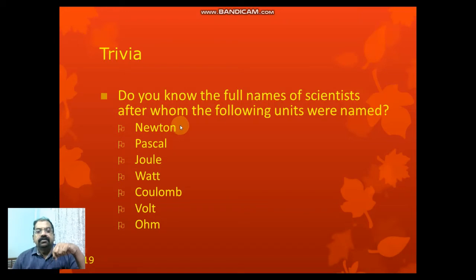Try to write the names of the scientists, because these scientists have given the world their famous inventions and discoveries, and because of that we have given their names as the units. So it is very important to know their full names, right? So try to find out the names and write them in your copies.